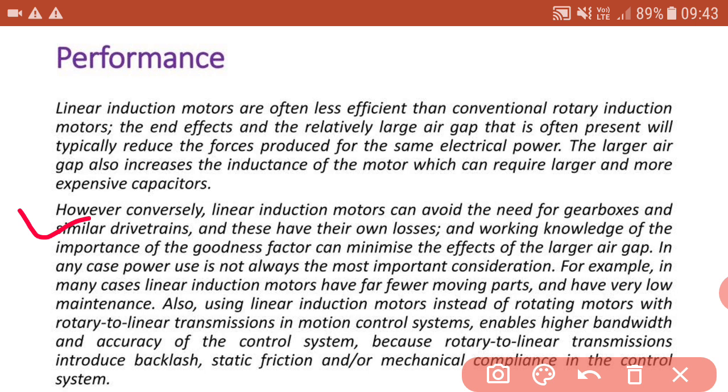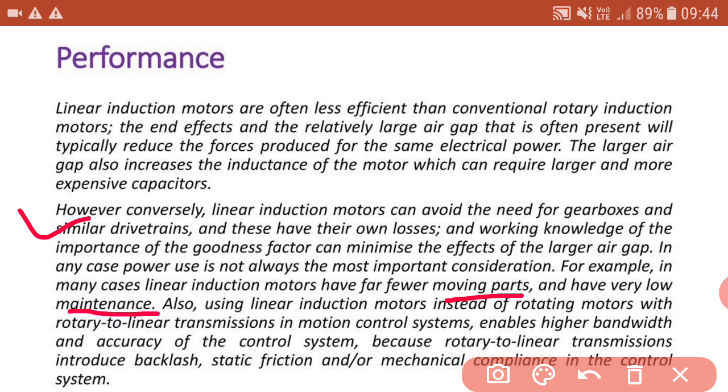In any case, power use is not always the most important consideration. For example, in many cases, linear induction motors have far fewer moving parts and very low maintenance.